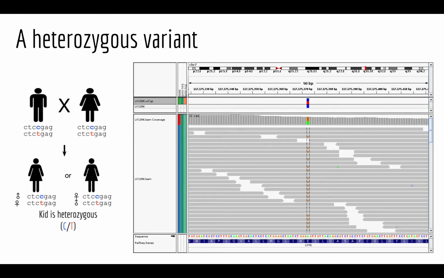We have to pretend a little bit because the alleles here are a G and an A, but that's the complement of C and T. What we can see at each of these gray bars is a DNA sequencing read from an Illumina sequencing project. And what IGV does is whenever the read has the same allele as the reference genome, which is on the bottom here, it keeps the color gray.